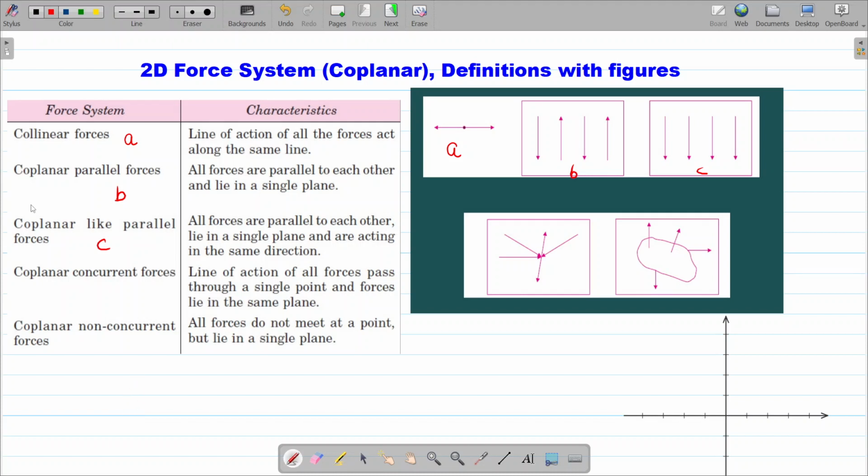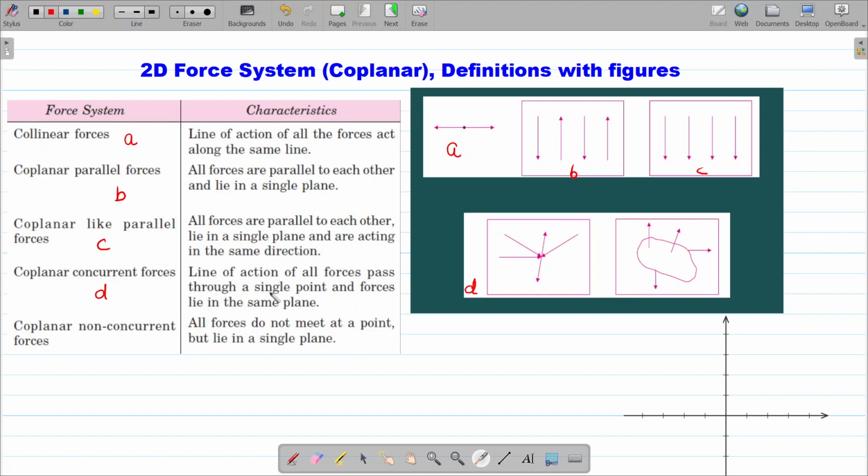This one is D. And what is D? D is coplanar concurrent forces, which means the line of action of all forces passes through a single point, and the forces lie in the same plane.